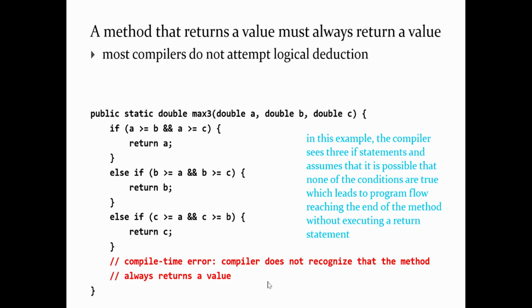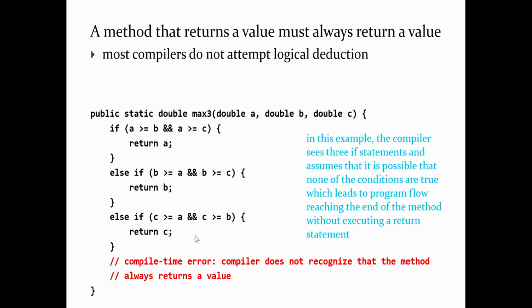Why does it say there's a missing return value? Because the compiler doesn't look at this and say, oh, this is if, else if, else if, and that these conditions here are mutually exclusive and complete. Your compiler is not a mathematician. It does not realize that if this condition is not true, and this condition is not true, then it must be the case that this is true.